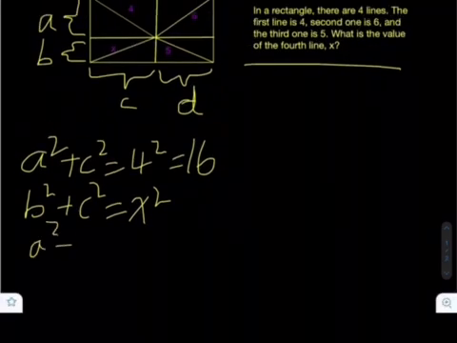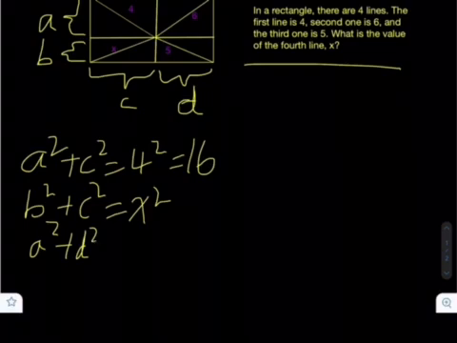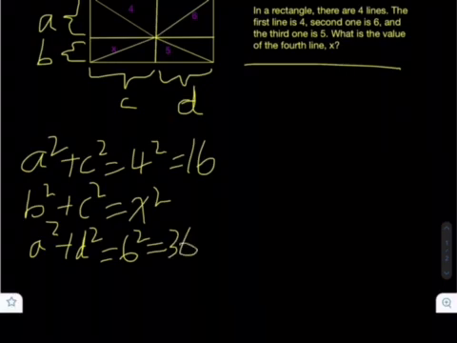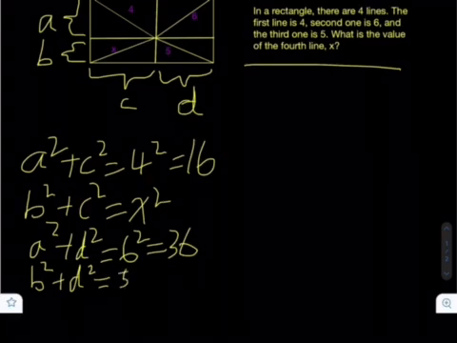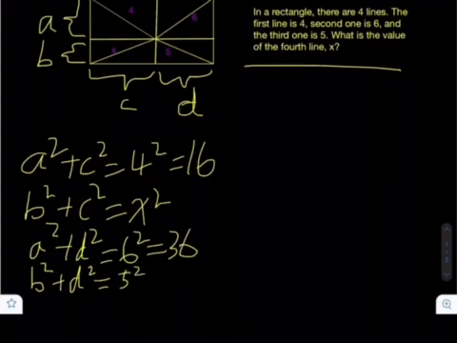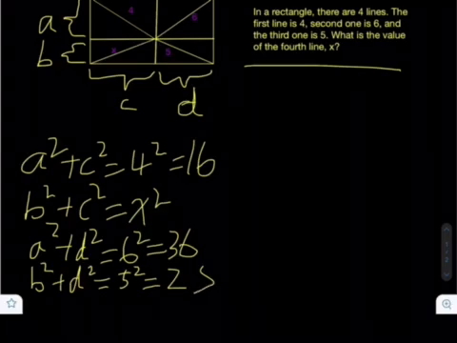A squared plus D squared equals 6 squared, which is 36. That's the one on the top right. And B squared plus D squared equals 5 squared, which is 25.